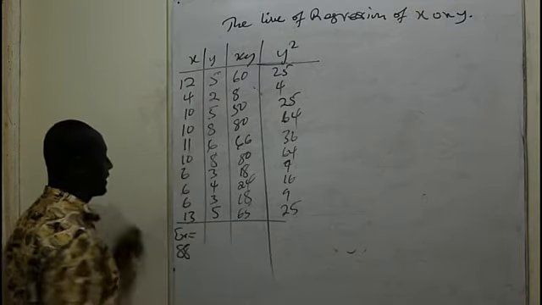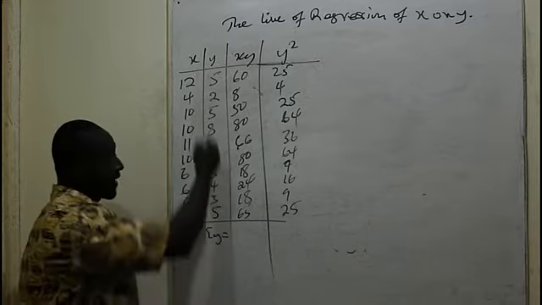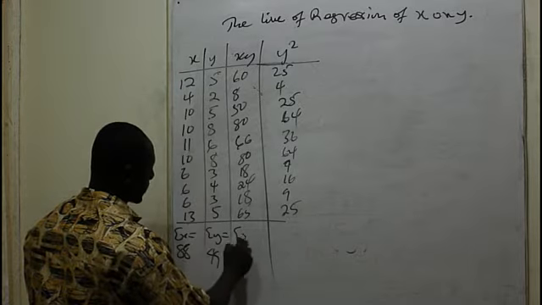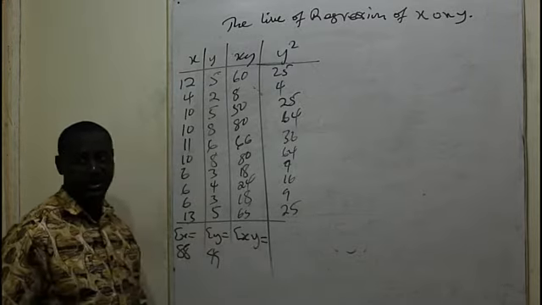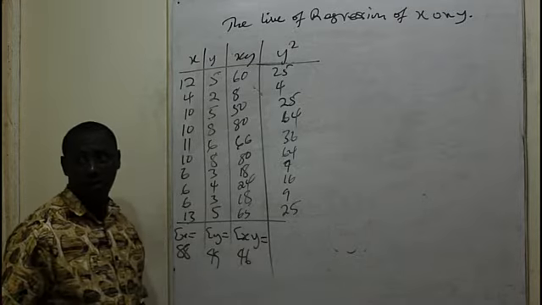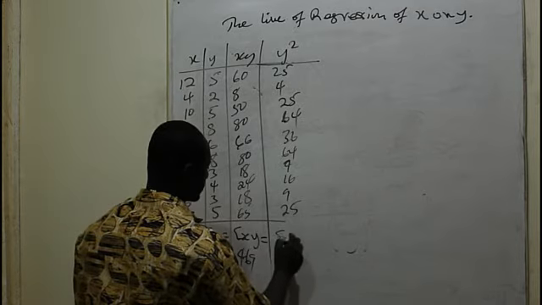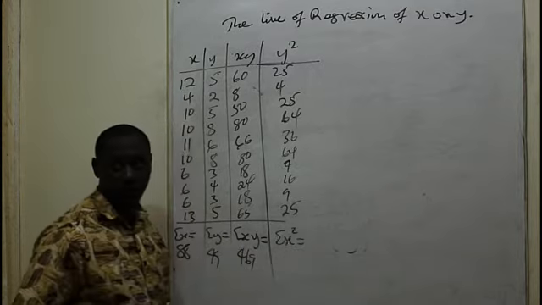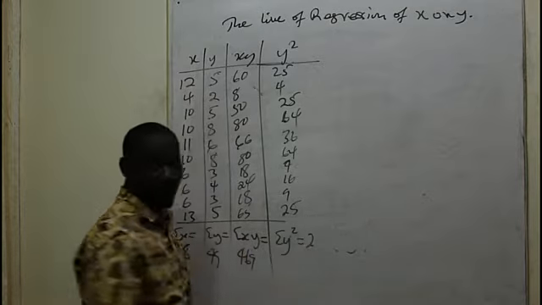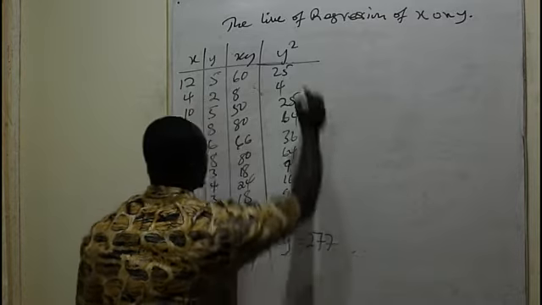If we add everything here, we get 88. And summation of y, if we add everything here, we get 49. Summation of xy, if we add everything here, we get 469. And summation of y squared is going to give you 277.